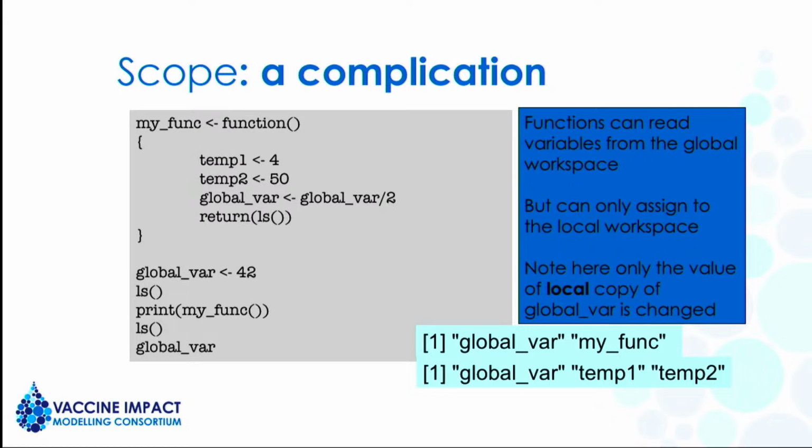It's a new one. It copies in the value of global var from the global workspace, divides it by 2, and makes a new object called global var. So we get these 3 objects inside the function. The function finishes, we've still got our original 2 objects, and the value of global var is unchanged.